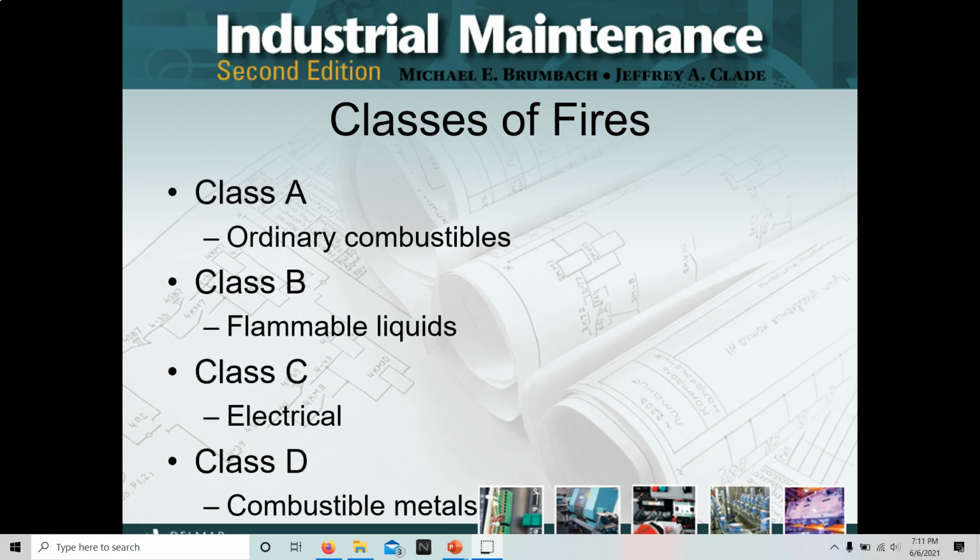Now, they don't have this other class of fire, but I'm going to throw it in just because FMTs can go into some really odd businesses, other places that normal people wouldn't associate us going into, and commercial kitchens happens to be one of them. Commercial kitchens have their own set of unique hazards. Anyone who has ever gone to McDonald's, Burger King, Wendy's, any fast food, or Chinese food knows they have deep fryers.